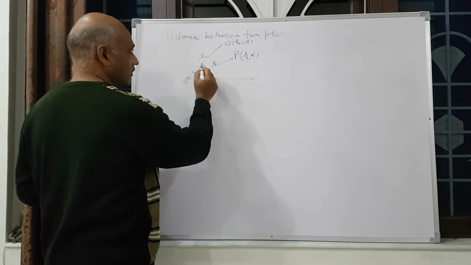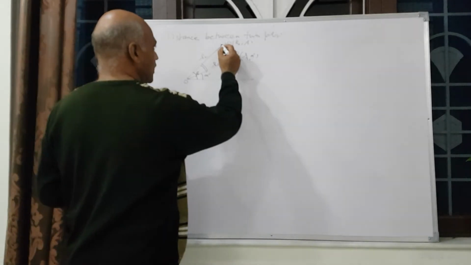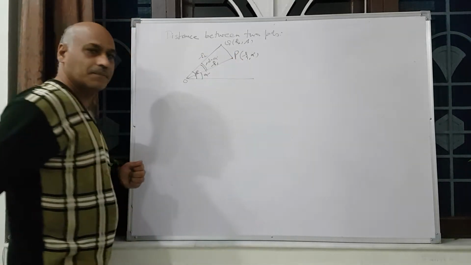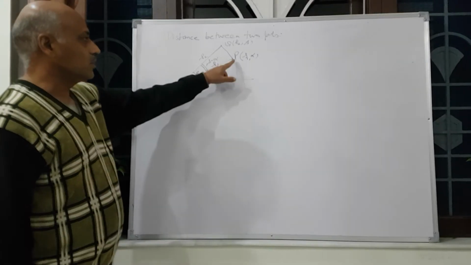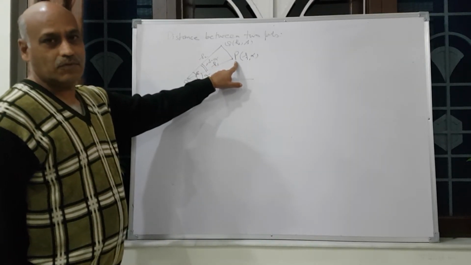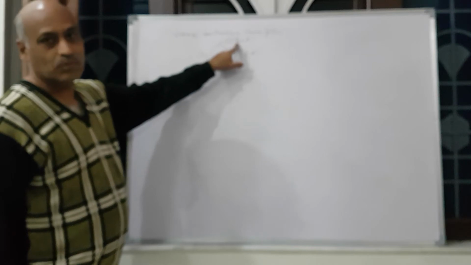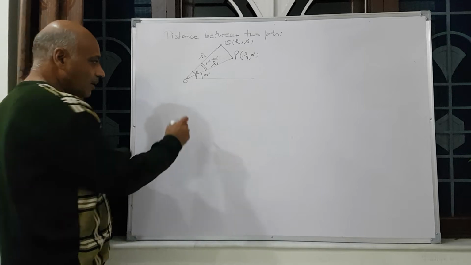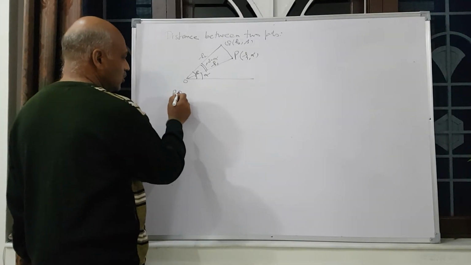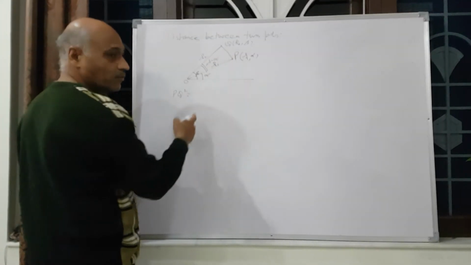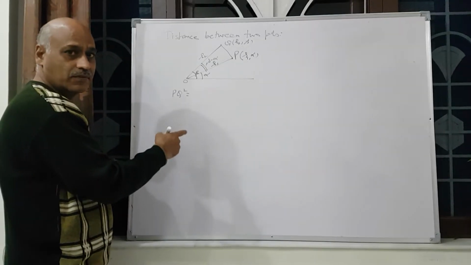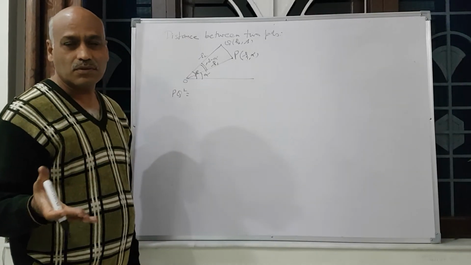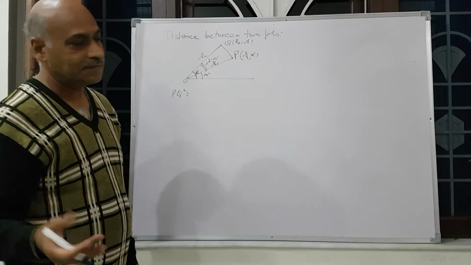So what is the angle between P and Q? This is beta minus alpha. Okay. The coordinate of P is (R1, alpha) and Q is (R2, beta). So the angle between P and Q is beta minus alpha. So now we find PQ square. In Cartesian form, the distance between 2 points is x1 minus x2 whole square plus y1 minus y2 whole square.